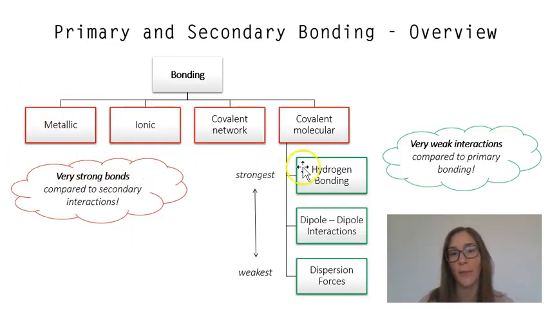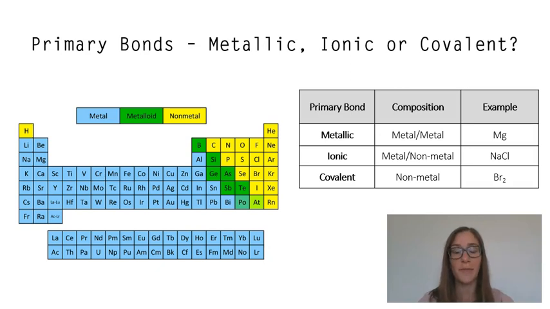The four main types of primary bonding are all very strong compared to these secondary bonds, and as such the secondary bonds are usually referred to as interactions as opposed to bonds. The type of primary bond is generally determined by the element the substance is composed of.